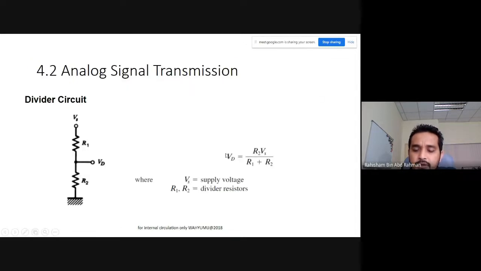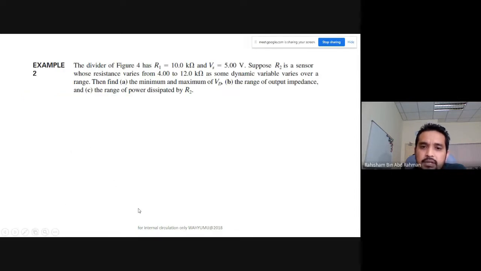So we know the formulation of VD is equal to R2 Vs divided by R1 plus R2. We know all the values here: Vs, R1, and R2. R2 is a minimum of 4 kilo ohms and a maximum of 12.